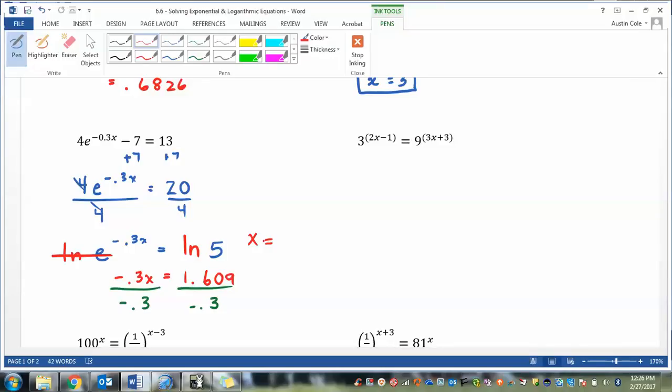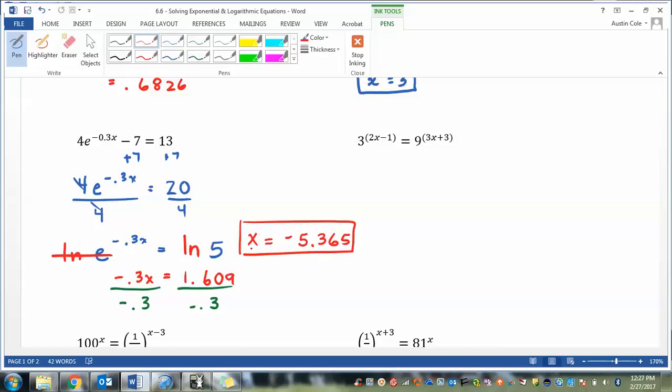Use the answer that you have stored in your calculator and divide that by negative 0.3. Negative 5.365. Questions there?